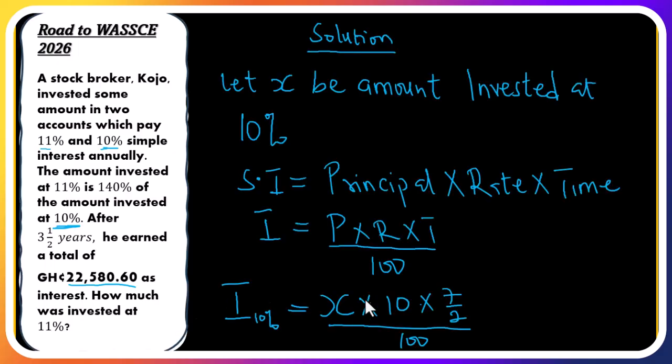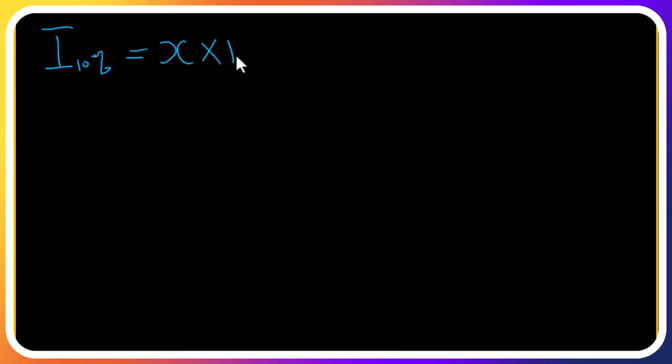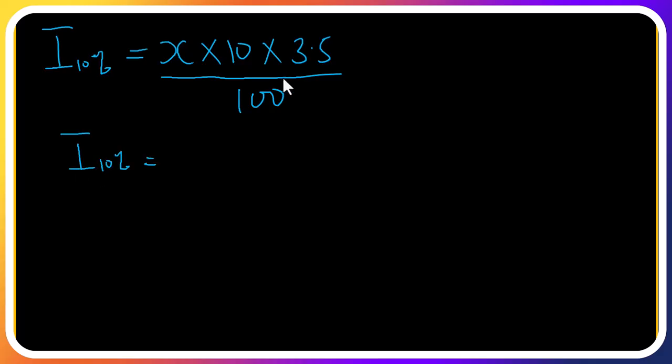The 10% interest is equal to our principal X times the 10% rate times the time, 7 on 2, which is 3.5, on 100. Simply, this 0 gets rid of this. Now X by this is given as 0.35x. So this is the 10% interest from the amount invested.